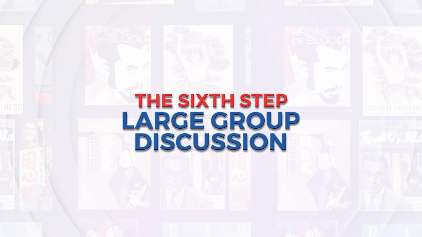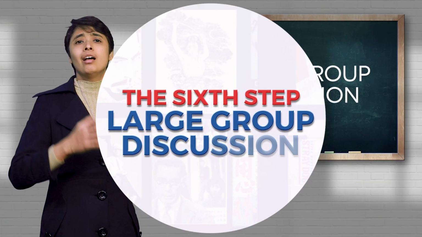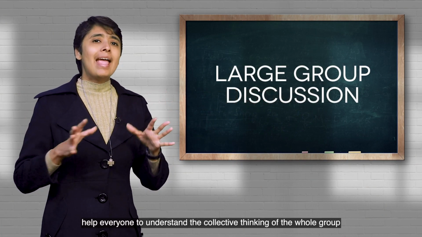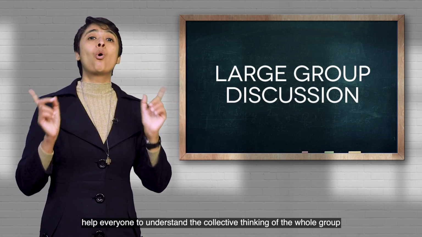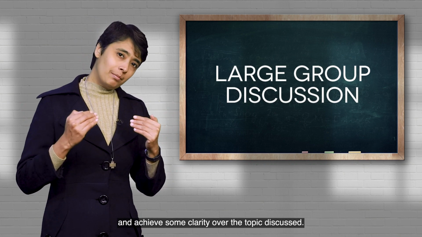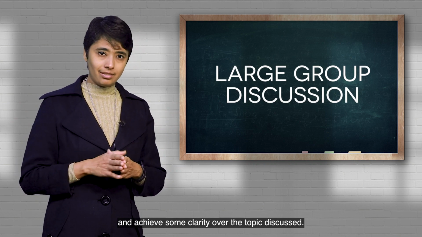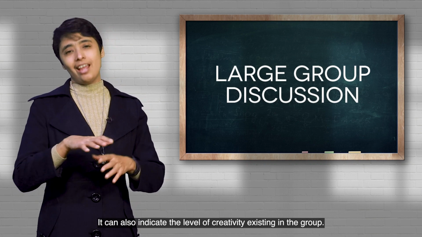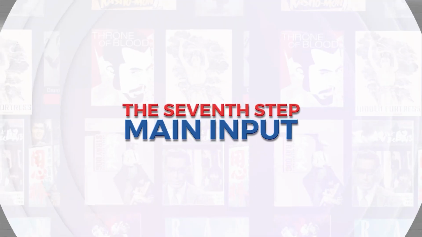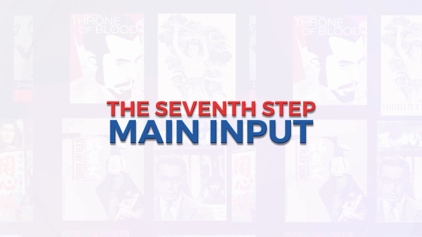The next step, large group discussions. Large group discussions help everyone to understand the collective thinking of the whole group and achieve some clarity over the topic discussed. It can also indicate the level of creativity existing in the group. The seventh step, the main input.